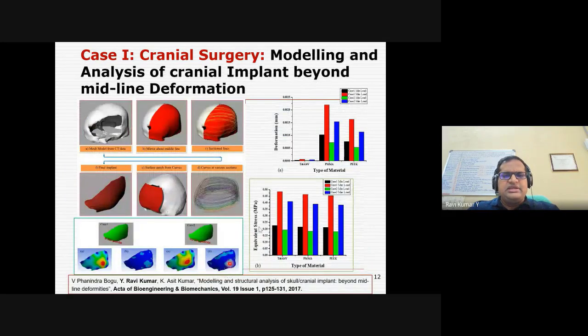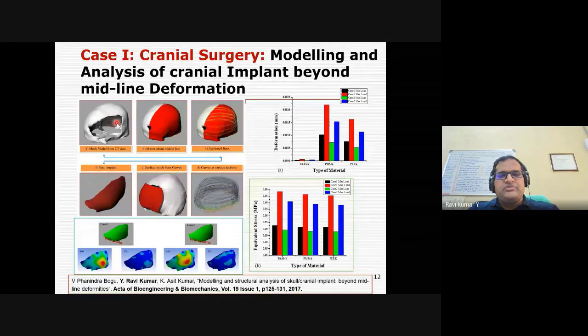Not all the time do you have the opportunity to use a mirror command to copy the healthy side to the defect side. Sometimes we need to develop our own algorithms.